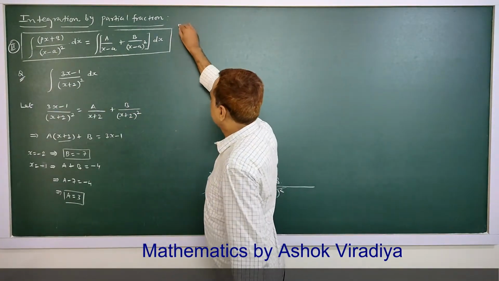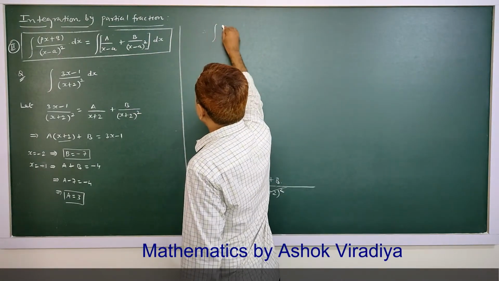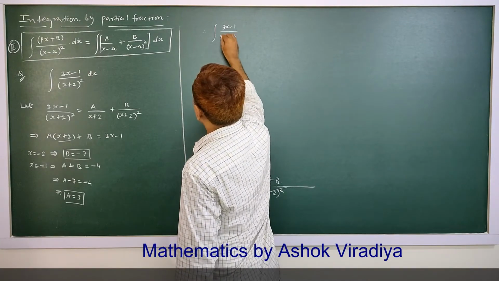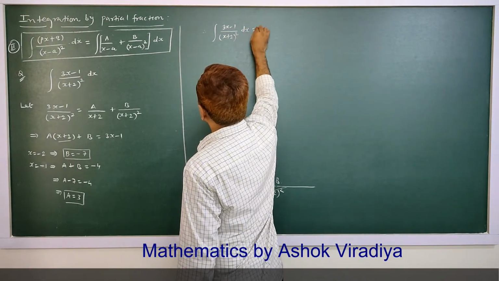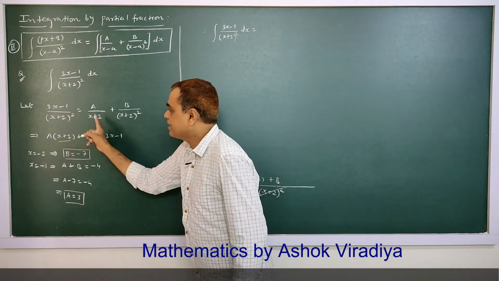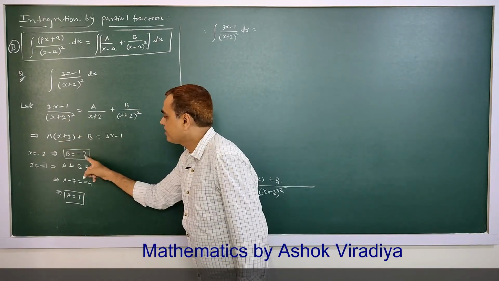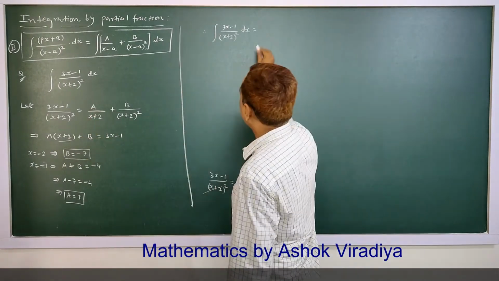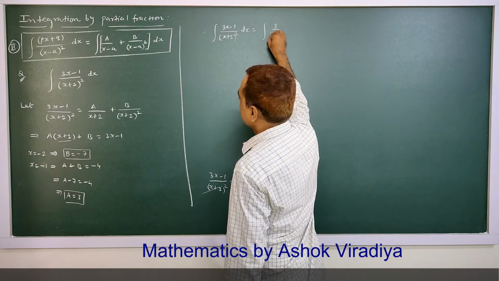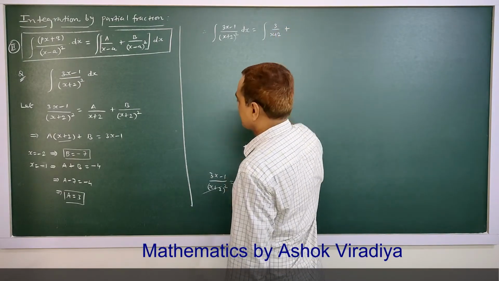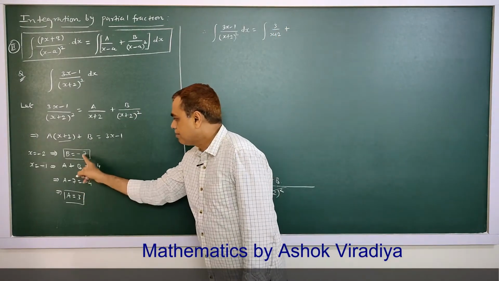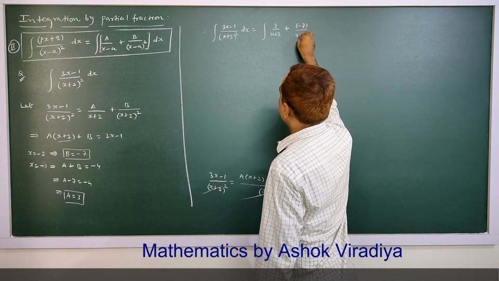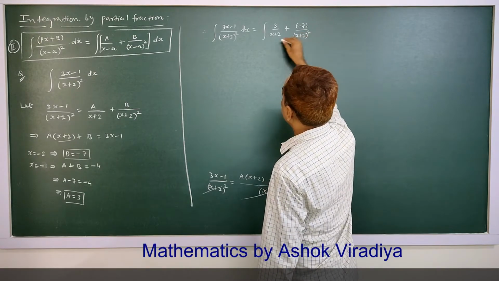Therefore the integral of 3x minus 1 upon x plus 2 whole square dx equal to, now I am replacing this by the new expression with the values of a and b. a is 3, so 3 upon x plus 2, plus b is minus 7, so minus 7 upon x plus 2 whole square.